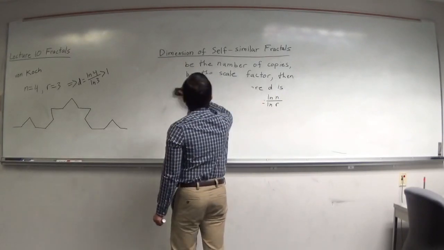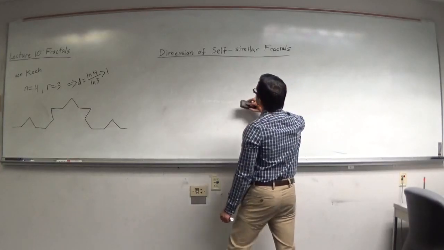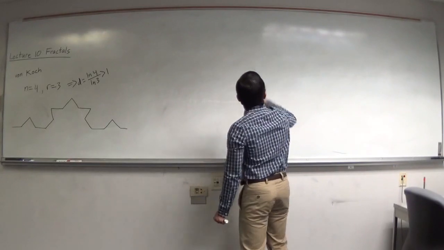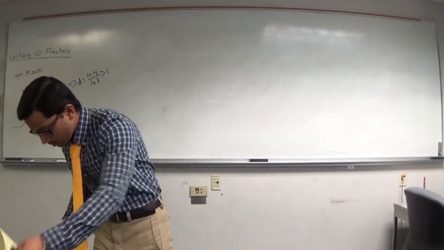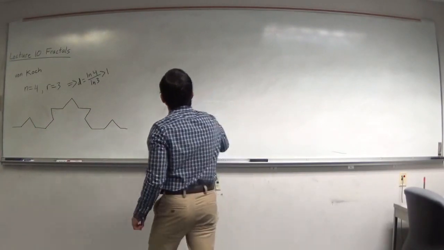But we don't always have self-similar fractals, so we need another type of dimension. This is going to be the box dimension.